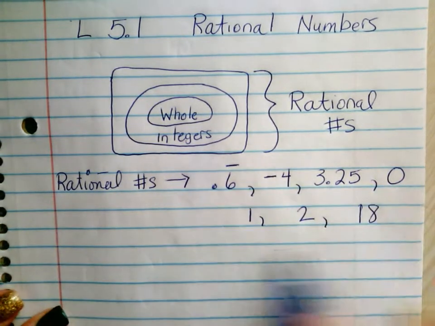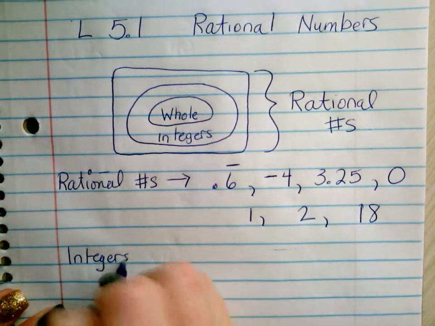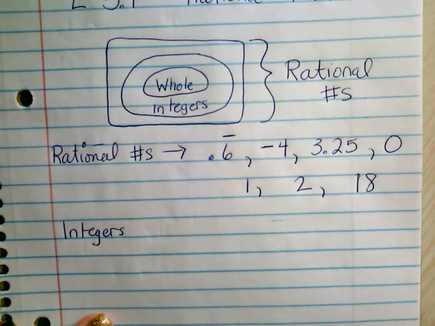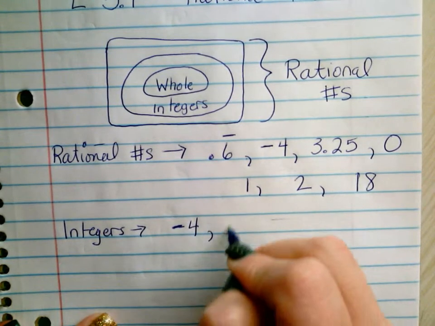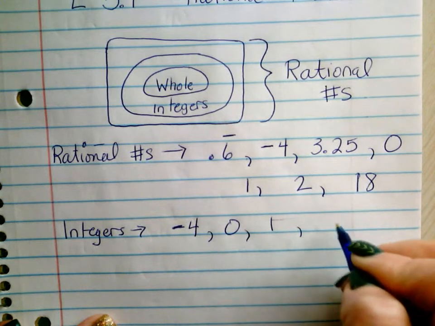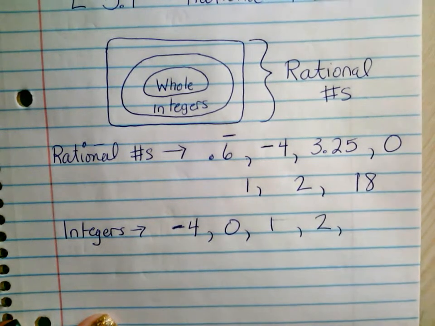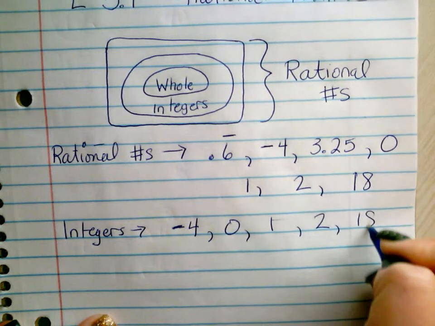Okay? Of that bunch, the integers are -4, 0, 1, 2, and 18.